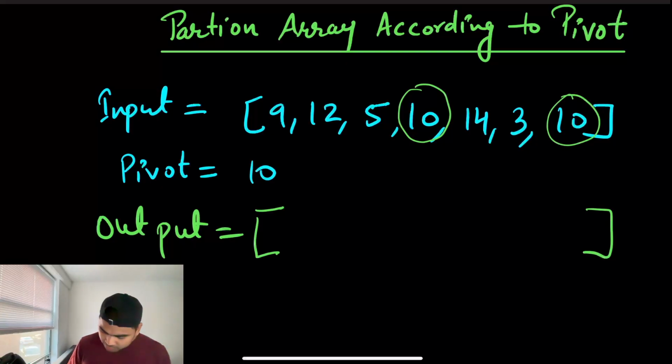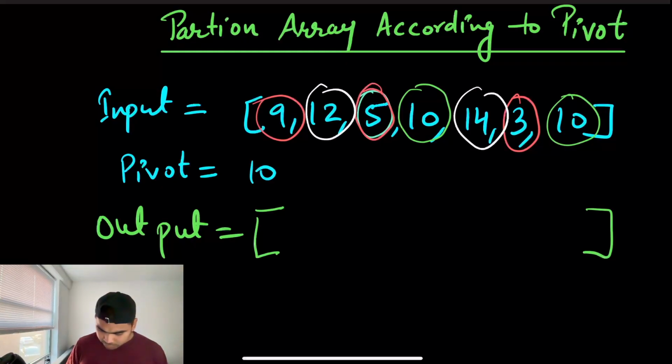There are two pivots, and all the elements lesser than the pivot are 5, 3, and 9, and all the elements greater than the pivot are 12 and 14, and that's it.